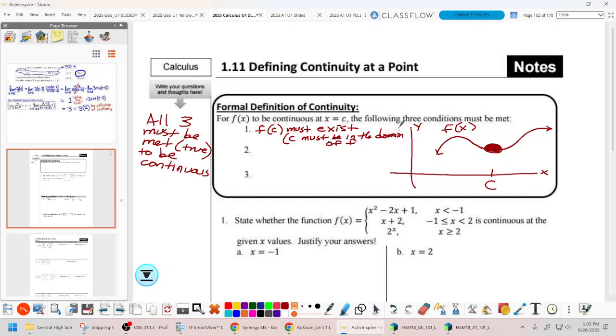Do you guys remember yesterday we would have a function like this and we said, hey, it's continuous on its domain because that point isn't in its domain. That was kind of confusing. So C must be in the domain.